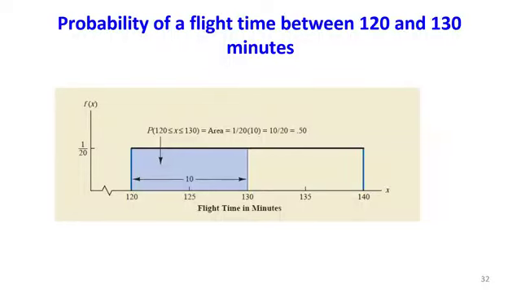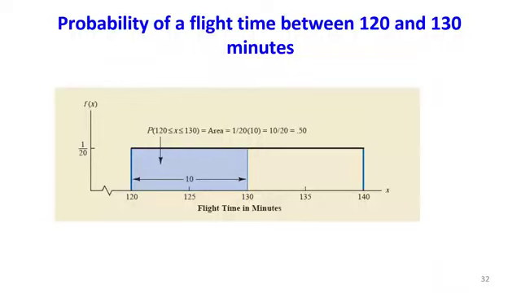That will not make sense. So in a continuous variable, every time we'll talk about a range. What is the probability that the flight may take time somewhere between 120 minutes to 130 minutes? So that would make sense. Exact value we never consider when it comes to a continuous variable.